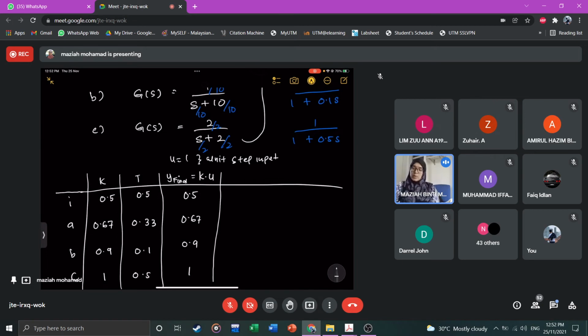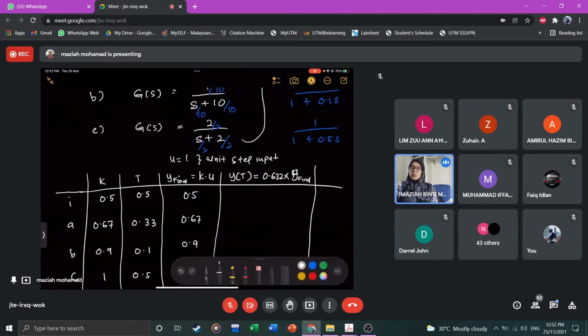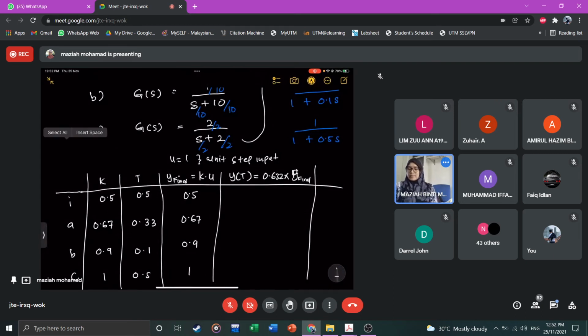One more thing to calculate before we can sketch is y at time constant. Y at time constant is equal to 0.632 multiplied with y final. So please calculate 0.632 multiplied with 0.5.